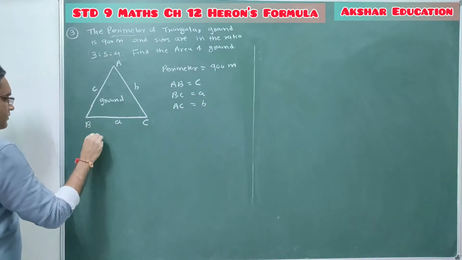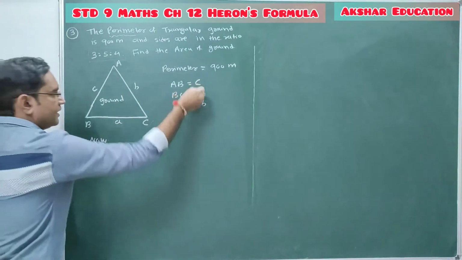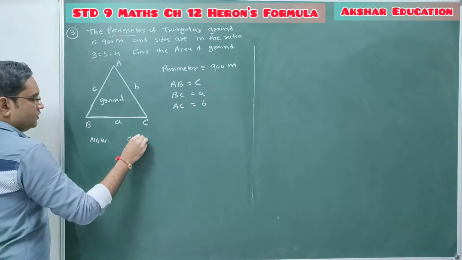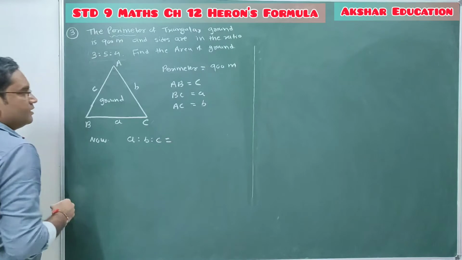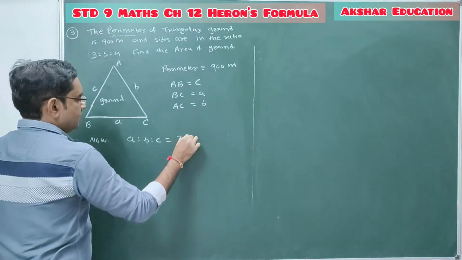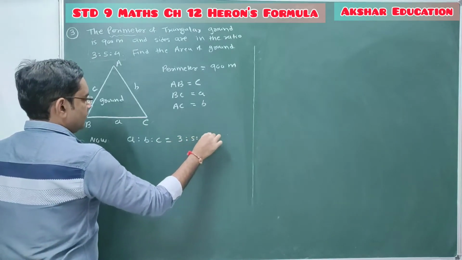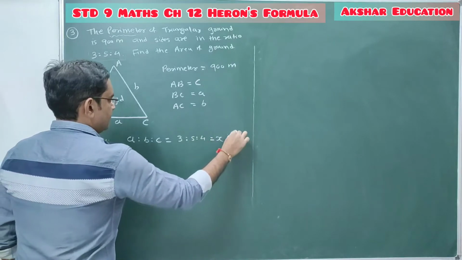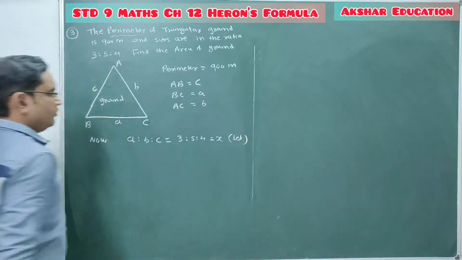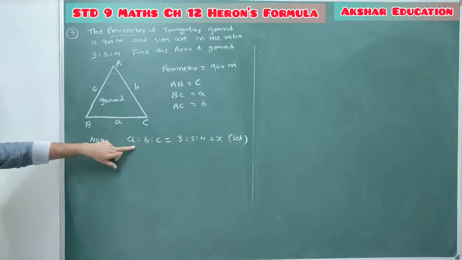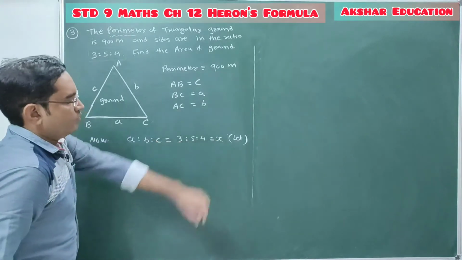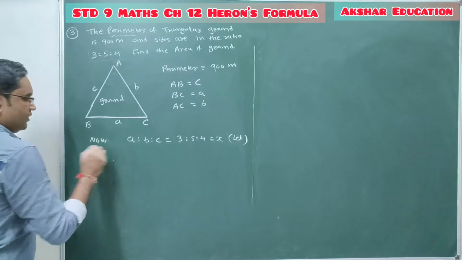So what are we given? We are given that these three sides are in the ratio 3 : 5 : 4, and assume that the ratio is equal to x. We have to assume. Let the given ratio 3 : 5 : 4 be the ratio of these three sides, and that is equal to x.